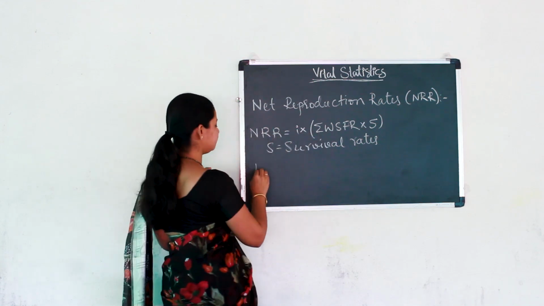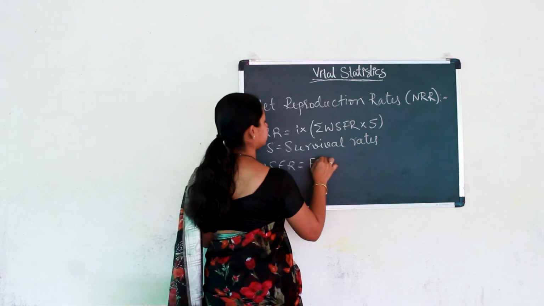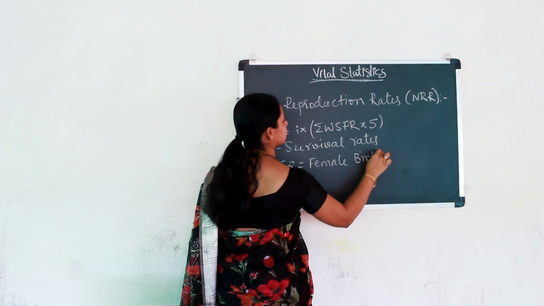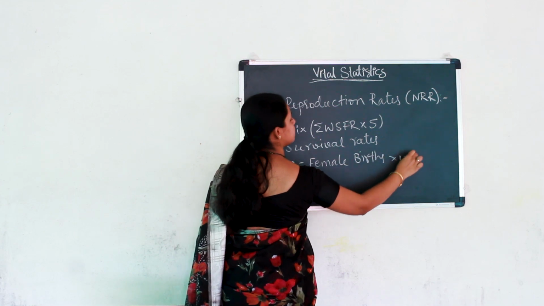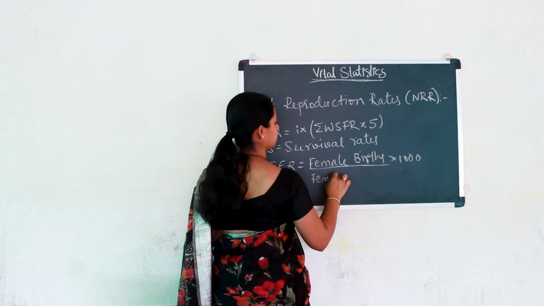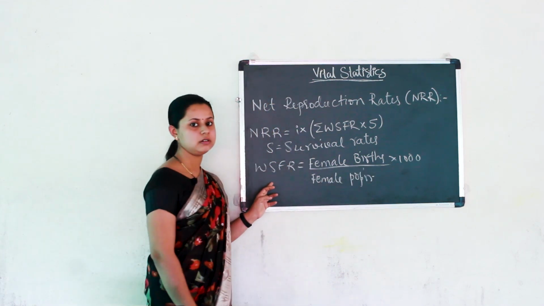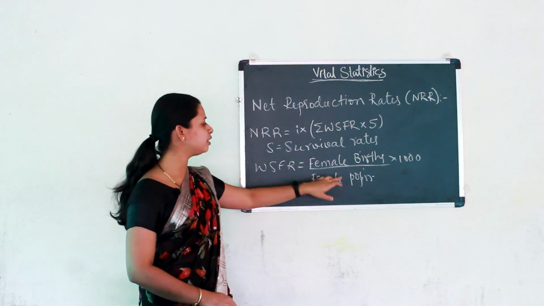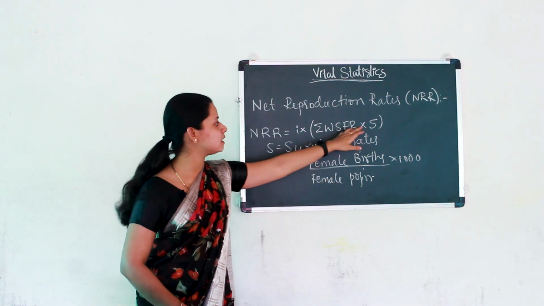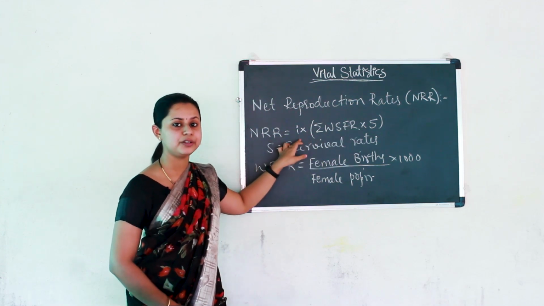WSFR is given by the same formula as in the previous case: WSFR is equal to female births into 1000 divided by female population. Then you need to multiply by the survival rate S, then multiply by i, the magnitude of the class.